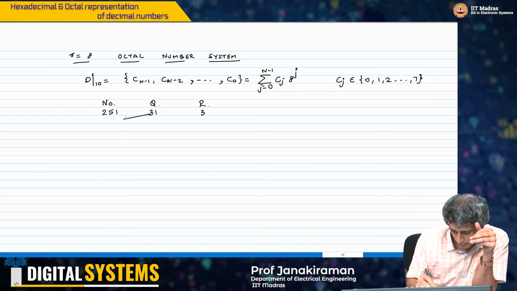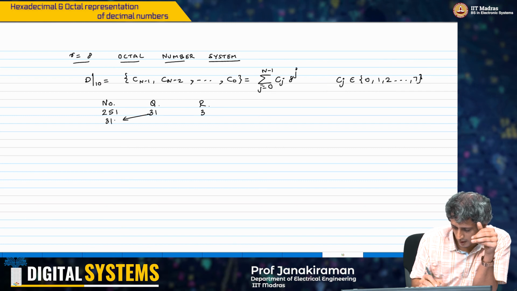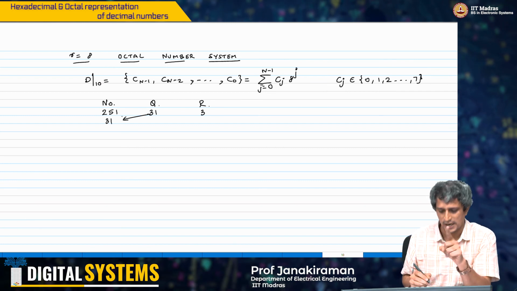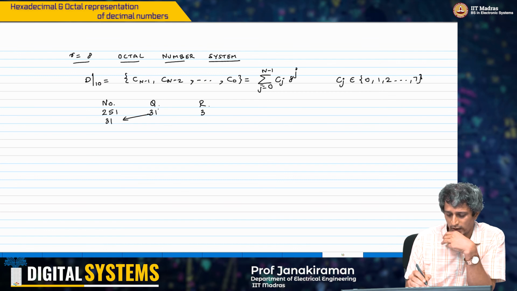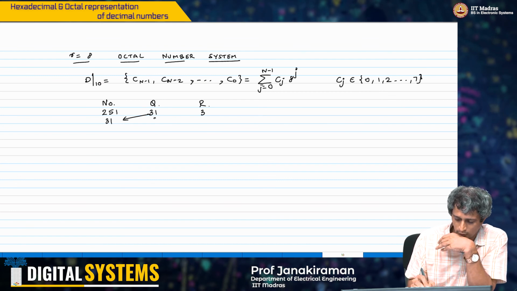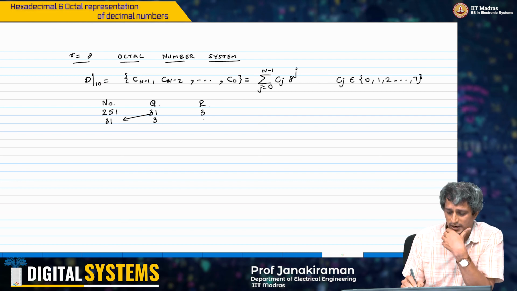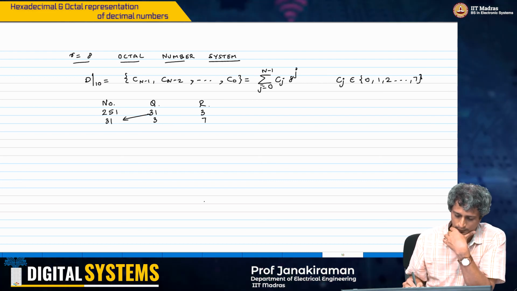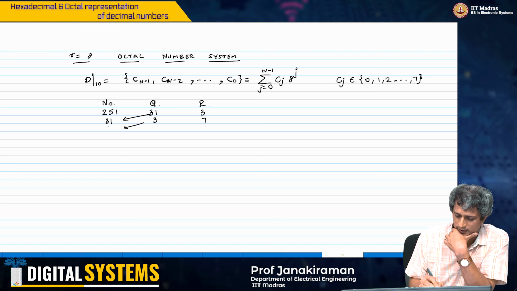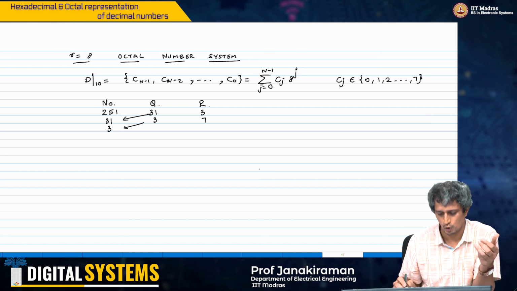Now I do the same procedure: take 31 and divide by 8. 8 threes are 24, and therefore the quotient is 3, and the remainder, 31 minus 24, is 7. And then I get 3 here. There is nothing more to divide.